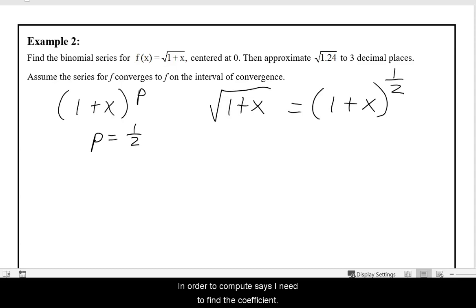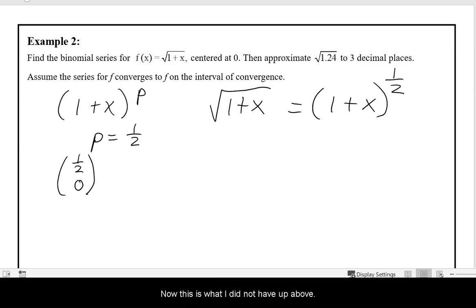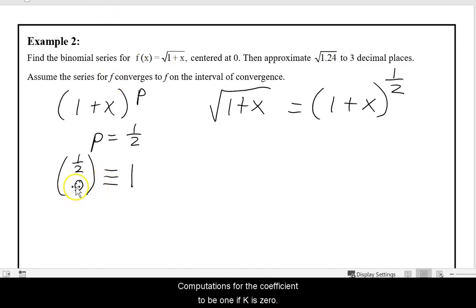In order to compute this, I need to find the coefficients. A simple way to do it, and we'll compute, say, the first 5, would be first 1/2 choose 0. Now this is one I did not have up above, but by convention and by definition, we define any of these choice computations for the coefficient to be 1 if k is 0.